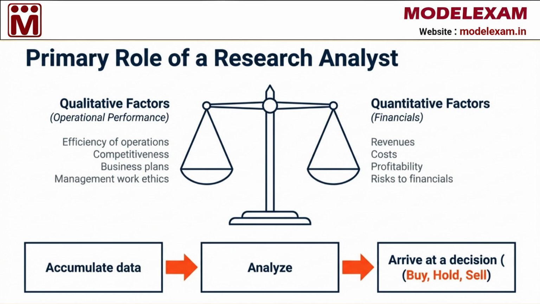On the right side, we have quantitative factors, which are the financials. Here we look at revenues, costs, profitability and risks to these numbers. The workflow is straightforward. We accumulate data, then we analyze it, and finally we arrive at a decision to buy, hold or sell the security.